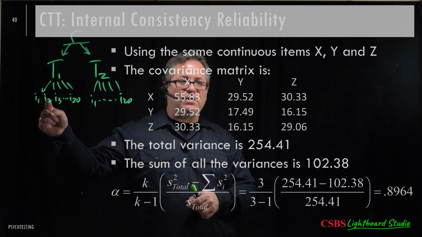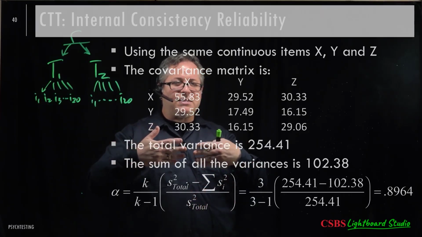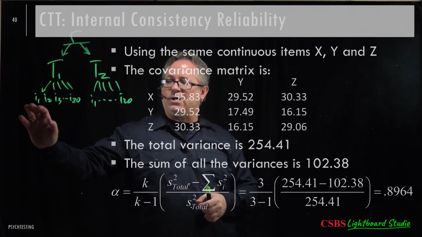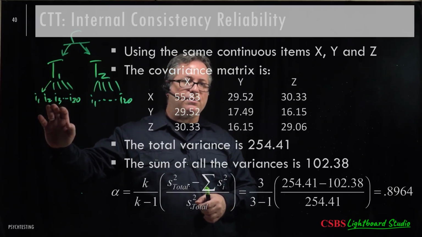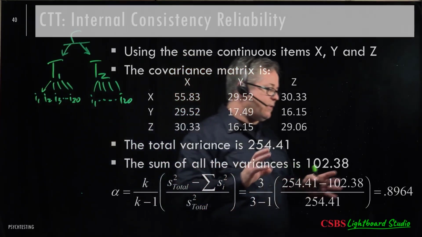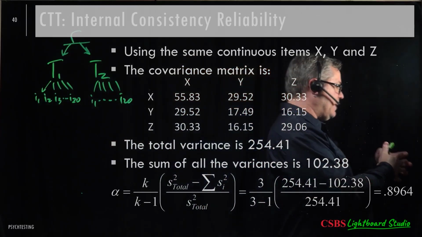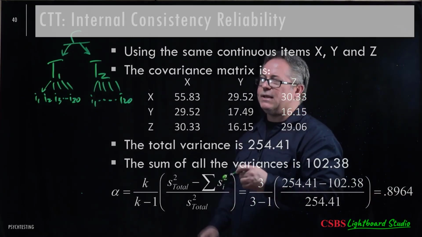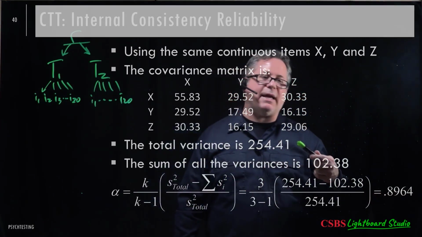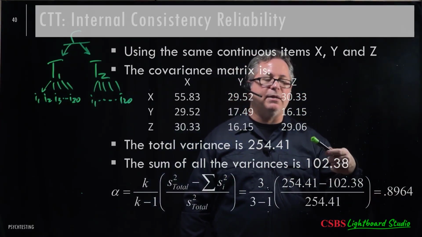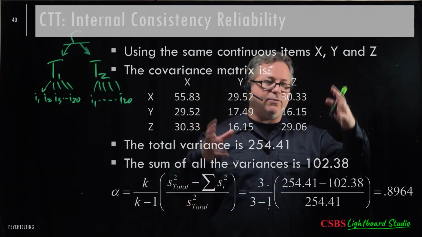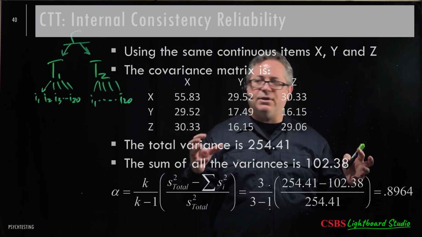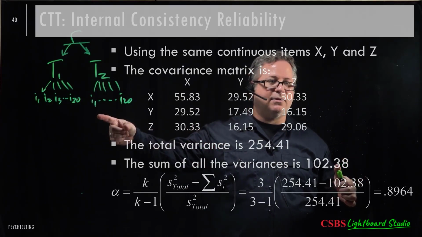Let's look at the comparison. Split half is still looking at internal consistency, but it's only looking at the halves of the test at a time. Cronbach's alpha is looking at all the items and all the pairs together. So split half and Cronbach's alpha are doing the same idea, this sort of internal consistency. And if you were to take every conceivable split half you can make, cut the items up into every conceivable different halves, and average all those out, you would get Cronbach's alpha.